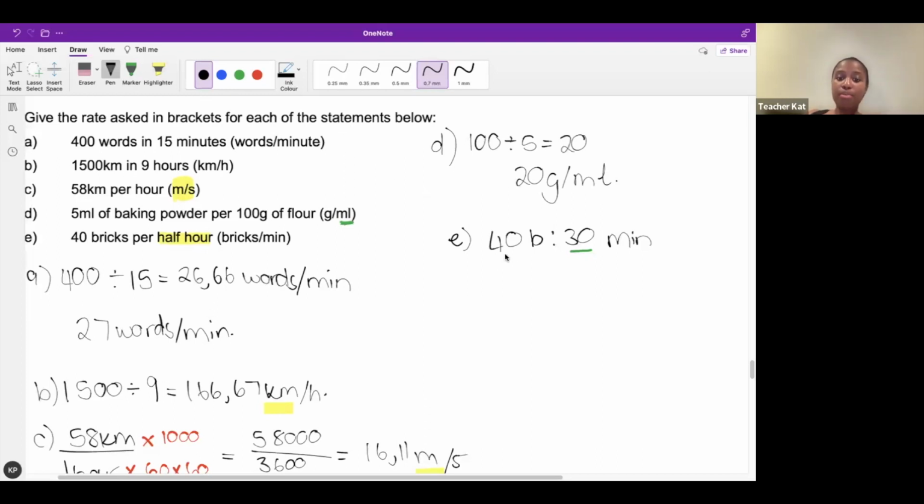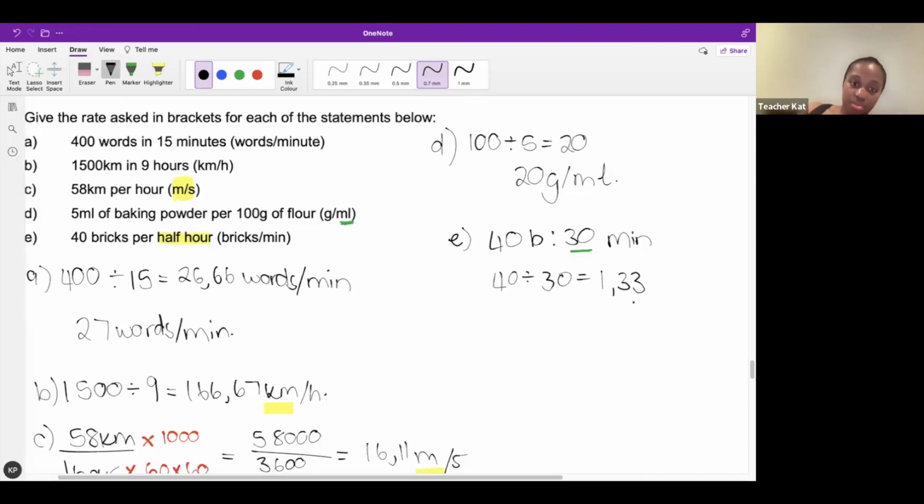Guys, remember, there are 40 bricks per 30 minutes. So if you want to know how many I did in 1 minute, you have to divide by 30, not multiply. If they had given us 40 bricks per 1 minute, then we would have had to times by 30 to know how many there were in 30 minutes. So then you say 40 divided by 30, and that gives us what? 1,33. Is it possible to make 1,33 bricks?